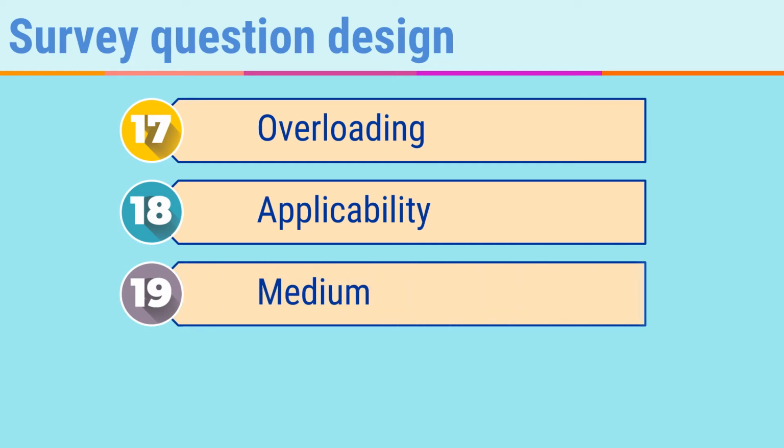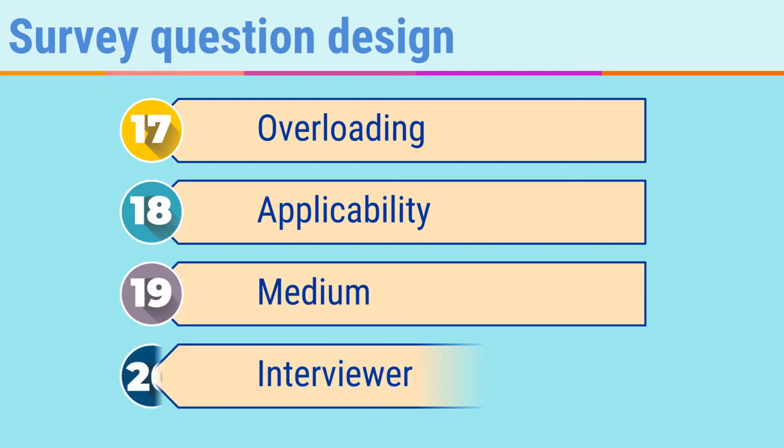We also need to consider the medium of survey administration, like email, or is it face-to-face interview, is it from the website, or over the phone. We also need to consider the presence of the interviewer.